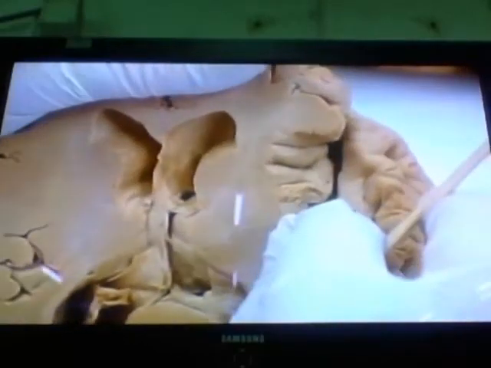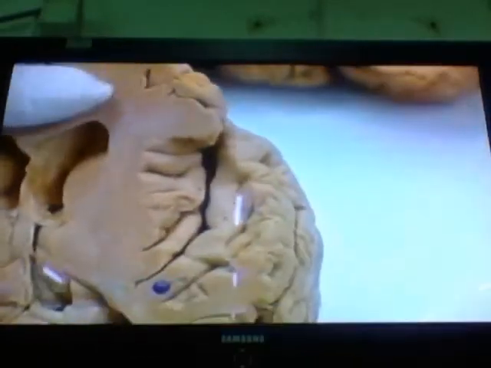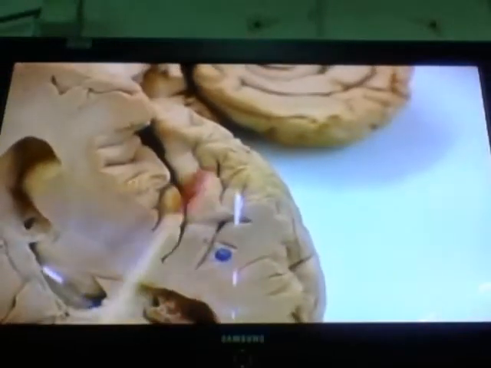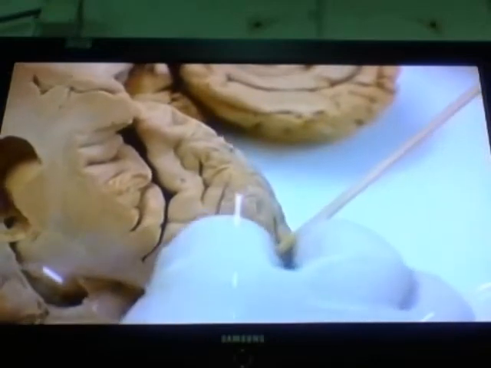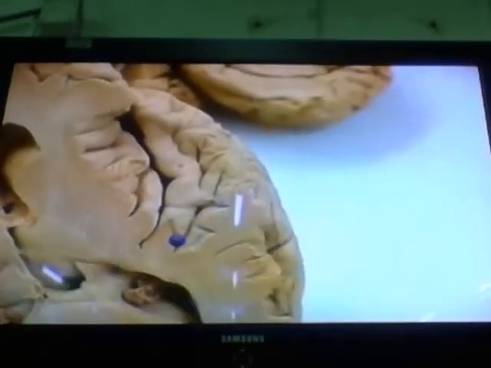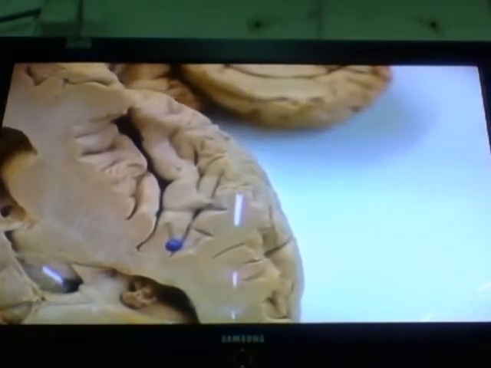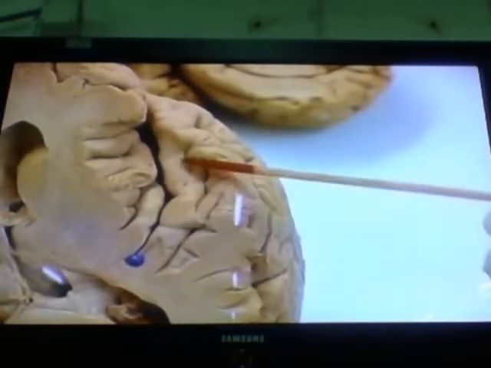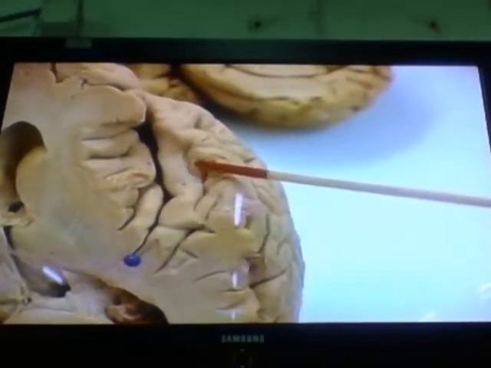So I've gone to the most extreme posterior end of the superior temporal gyrus, so there's no ambiguity. What area is that known as? It's the planum temporale. And just in front of it is the gyrus of Heschl.